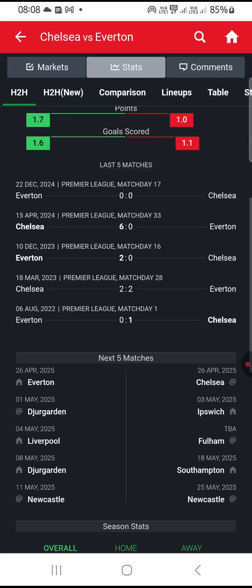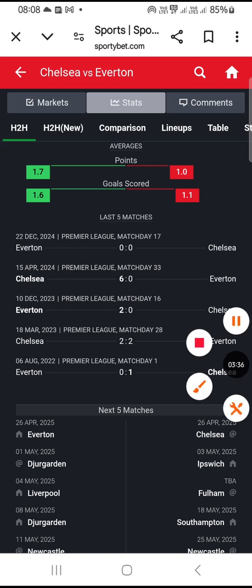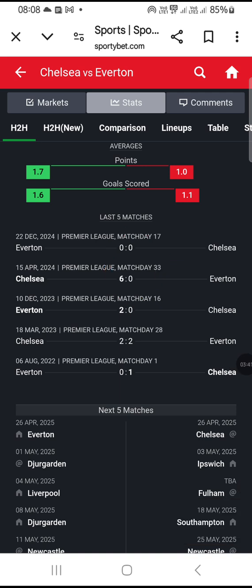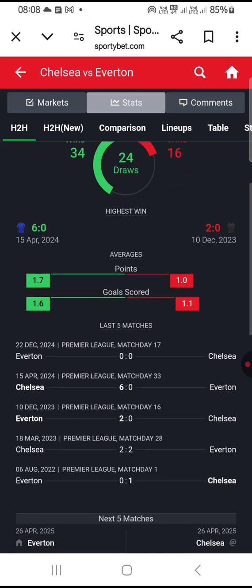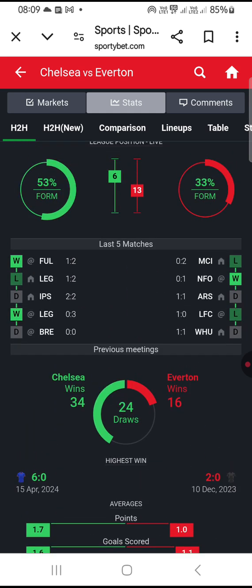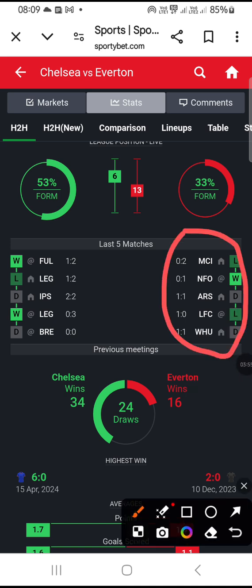Now, if you look at it, you find out that in their head-to-head, Chelsea won 6-0 in 2024, Everton won 2-0 in 2023, so the two we are concentrating on now are not matching. There's a disparity there. Because of that, you don't have to rely on the head-to-head. What you have to do is go to their last 5 matches. If you don't want to go to the head-to-head, you can come here and predict the game sharply.